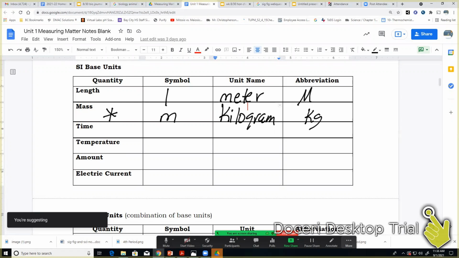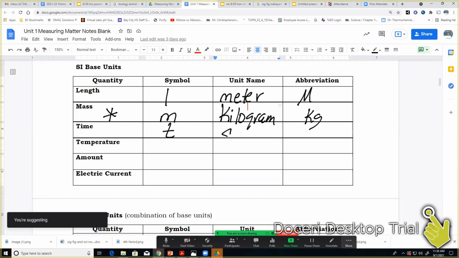The good thing about the metric system is you're just moving decimals. You're not really multiplying the number. With the English system, there are 12 inches in a foot. So if I'm converting from feet to inches, not only do I have to worry about moving the decimal, but then the whole number's changing. Whereas in the metric system, it's just the decimal moving.